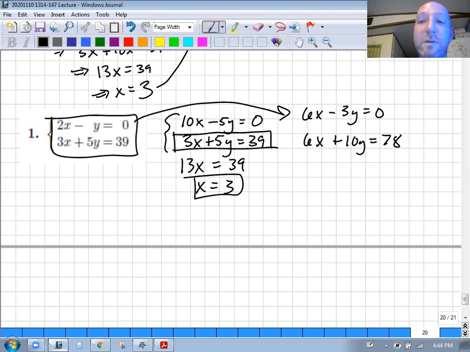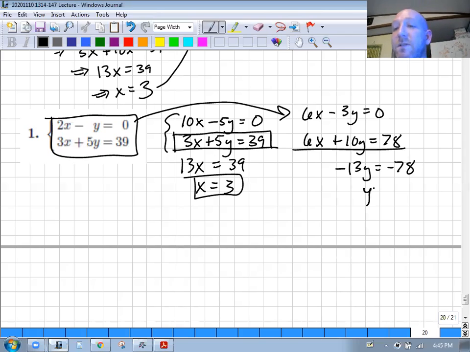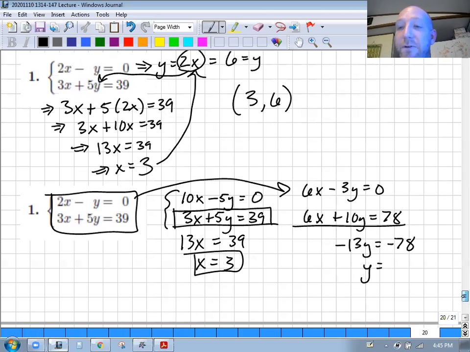I did that because I'm looking at this. Now if I subtract this one from that one, 6x minus 6x is 0x. Negative 3y minus 10y is negative 13y. And 0 minus 78 is negative 78. So that tells us if we divide both sides by negative 13, that y is 6.